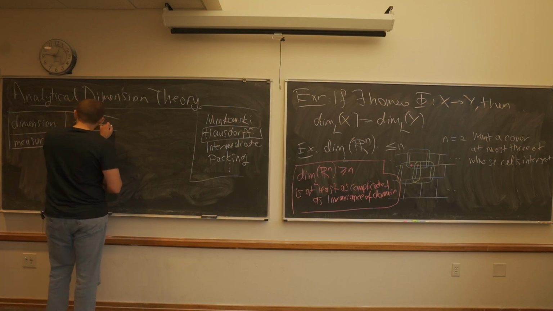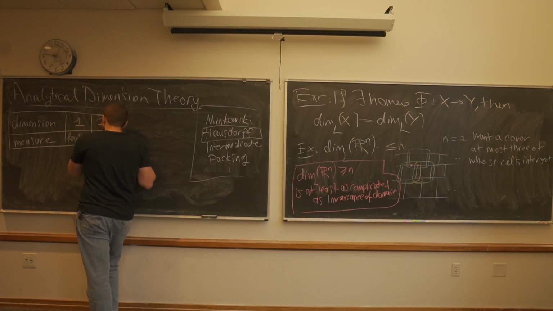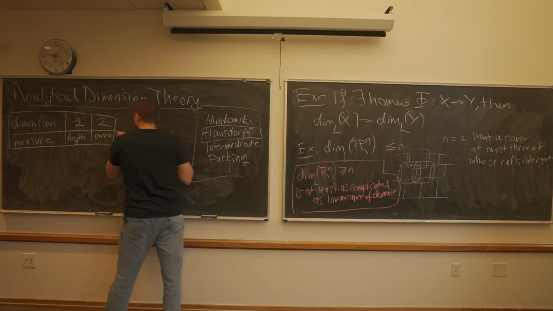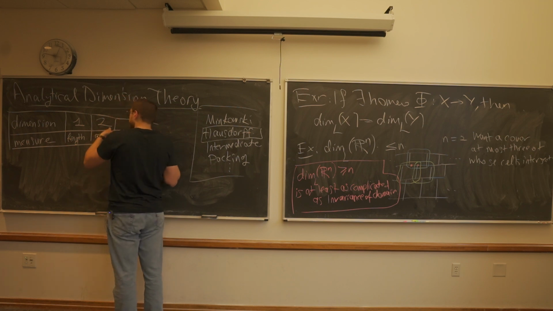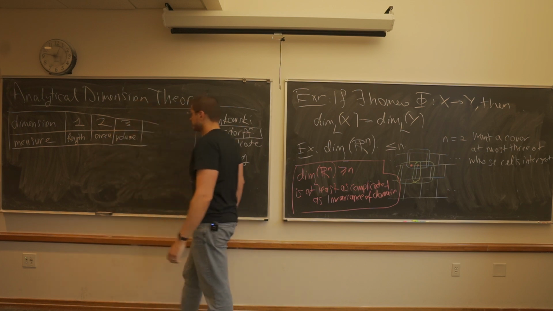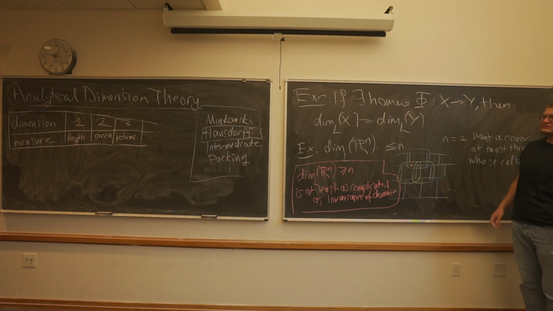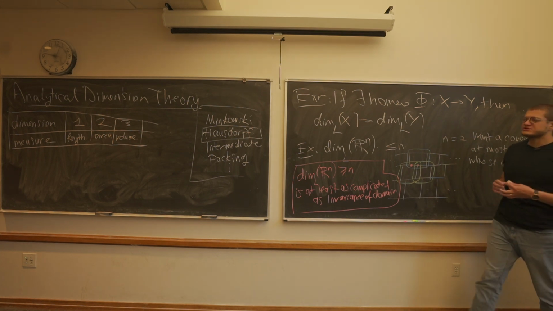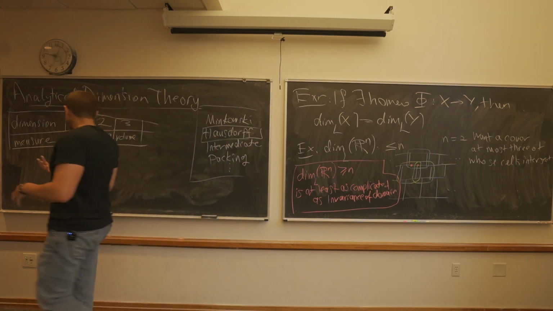And of course, if it is 2, the corresponding notion of measure should be area. And if it is 3, for instance, it would be volume. And it goes on like this. So you see, this notion of a dimension and the notion of size or measure are intimately related to each other, but they are not exactly the same thing.